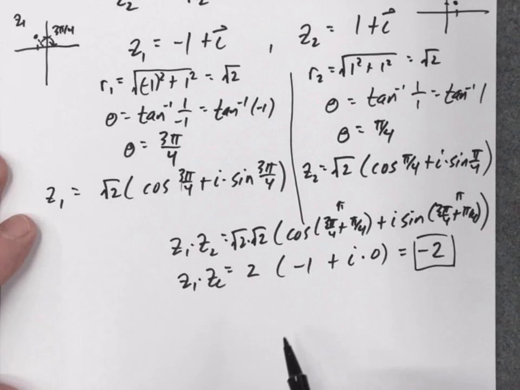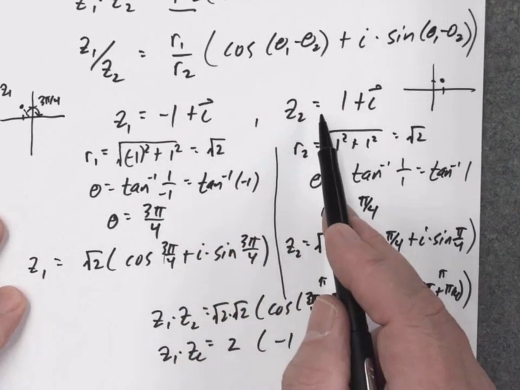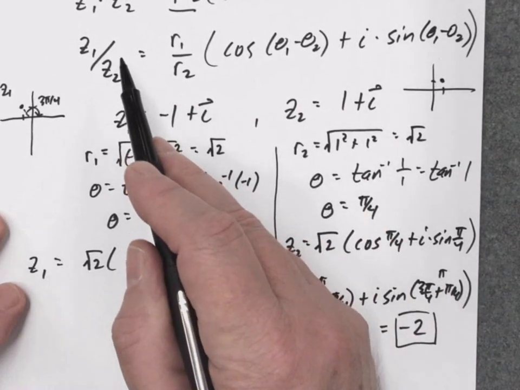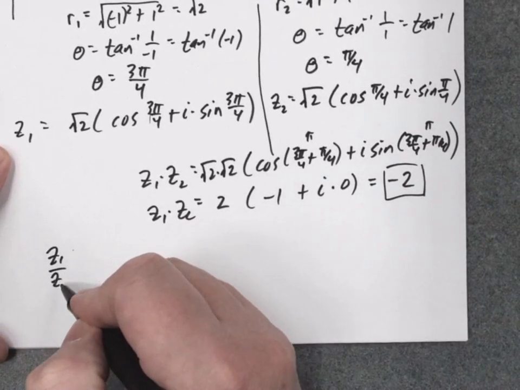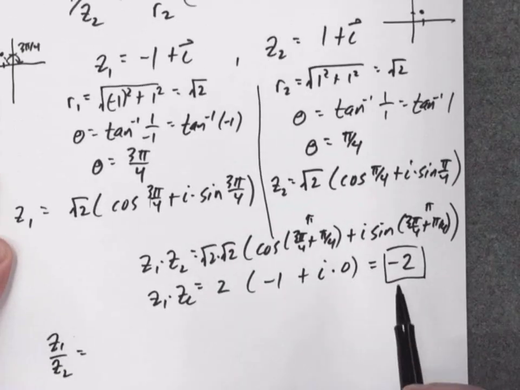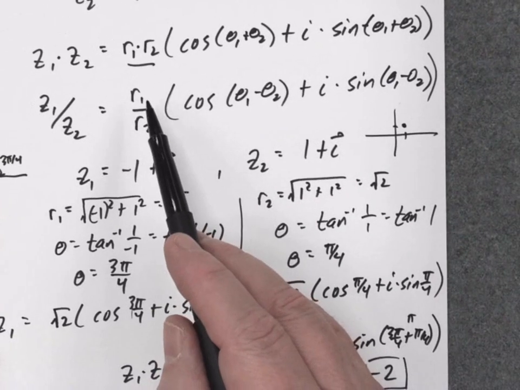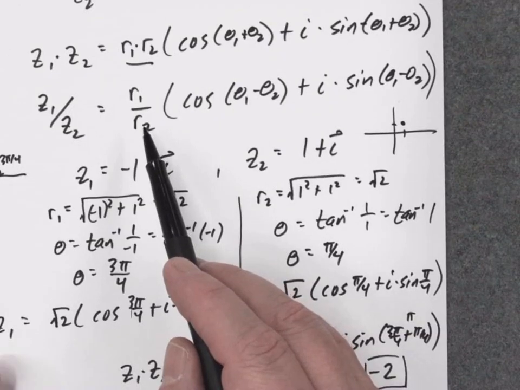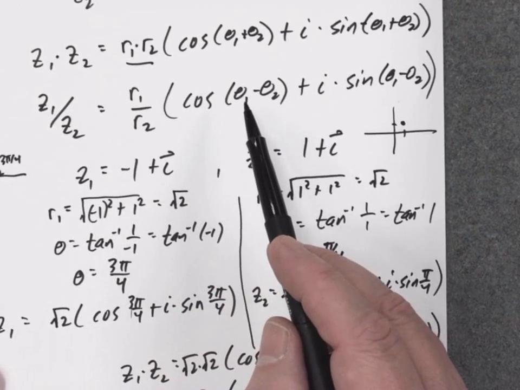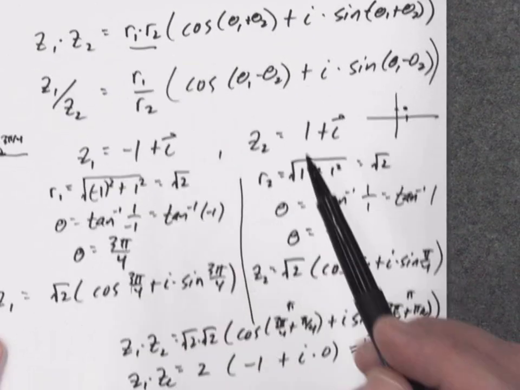So now I want to also take these two vectors and divide them. So when you divide, you take the r of the first vector, divide by r of the second vector, and your angles become the first angle minus the second angle. So let's just write that out.